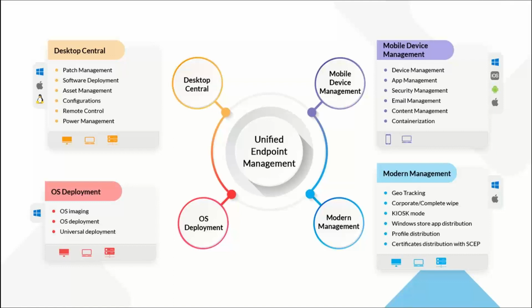You can manage other functions including mobile device management for iOS, Android, Windows, and Chromebooks. And then we have modern management, which is for Windows and Mac machines. You can enable functions like geo-tracking and geofencing for your laptops, and you can perform a complete or corporate wipe. You can also put them in kiosk mode, distribute store applications, and manage profile distribution.